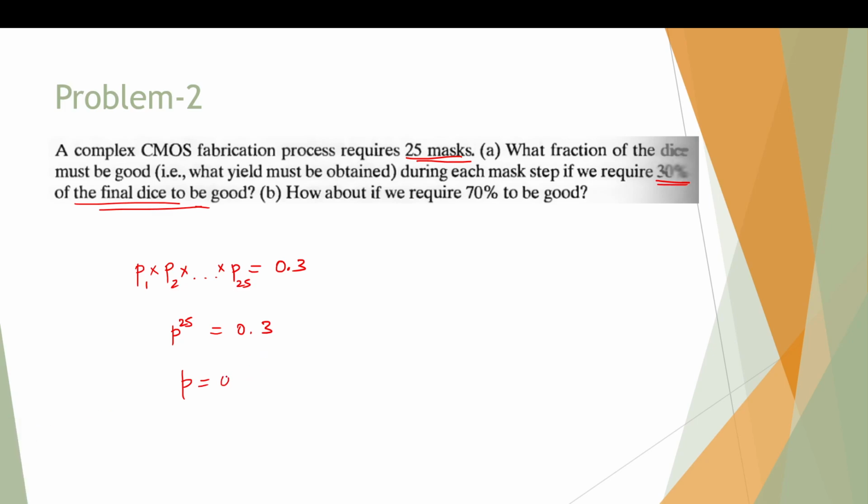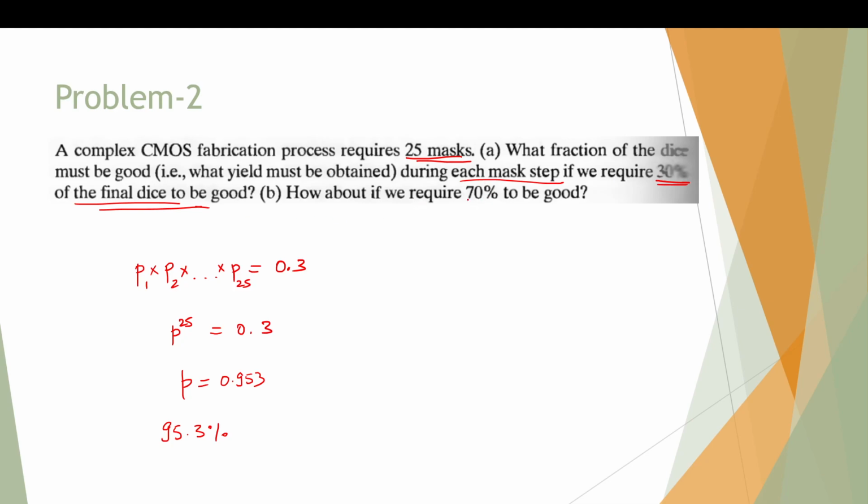You can just cross check it. So that means that we need to have a 95.3% yield. So what fraction of the dies must be good? 95.3% of the dies must be good during each mask step if we require 30%.